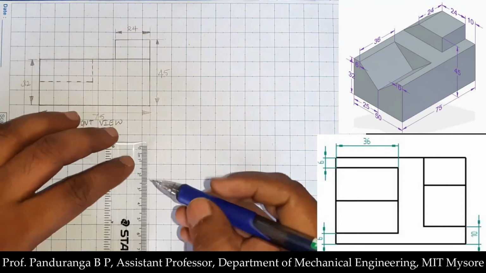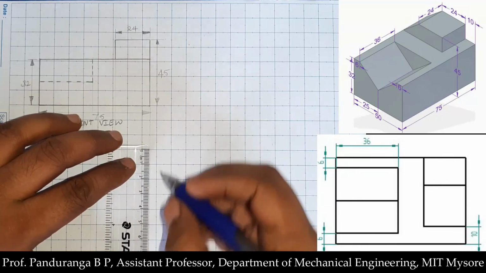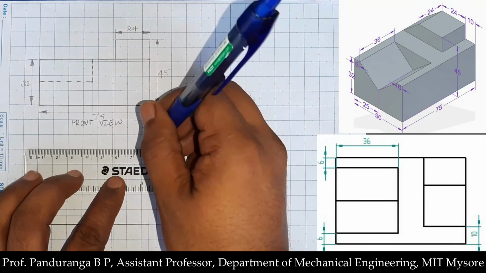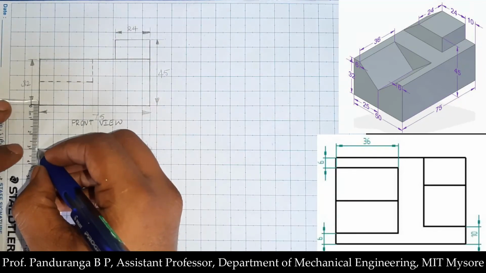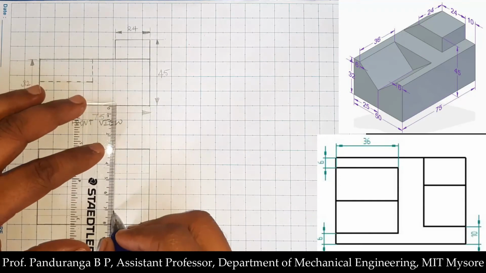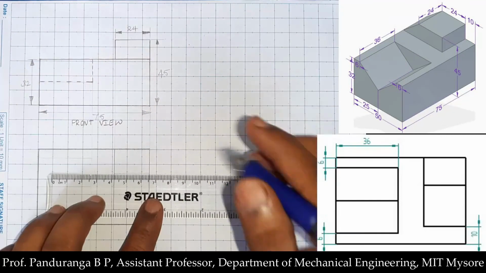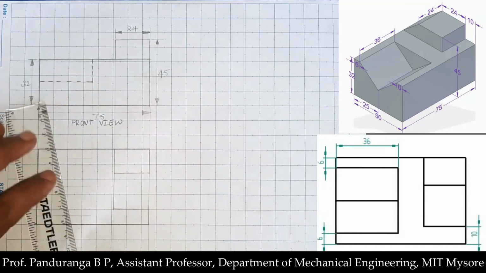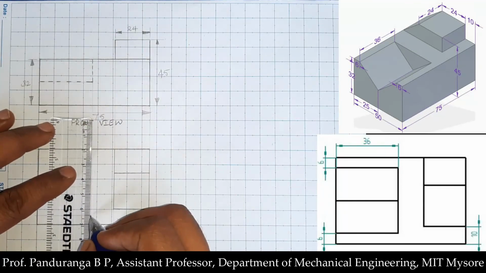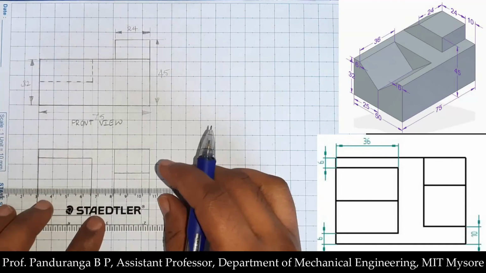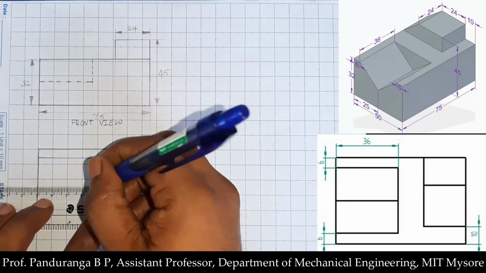Now I need to highlight or darken all the edges. So from here till here, here we have two vertical lines. Now I have marked all the outer visible edges. Now I need to show the features which are present here. From here we have a visible edge. Here we have a visible edge. Here at the start of the V groove we have a visible edge. And at the center we have the apex of the V channel.